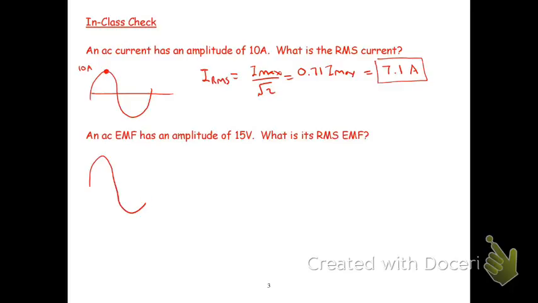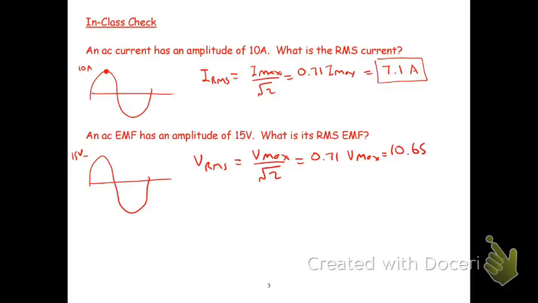If I have a slightly bigger voltage, so this here is 15 volts, then V_RMS is equal to V max over the square root of 2, which equals 0.71 V max, which equals, it's going to be 7.1 plus 3.55 is 10.65 volts. So not bad.